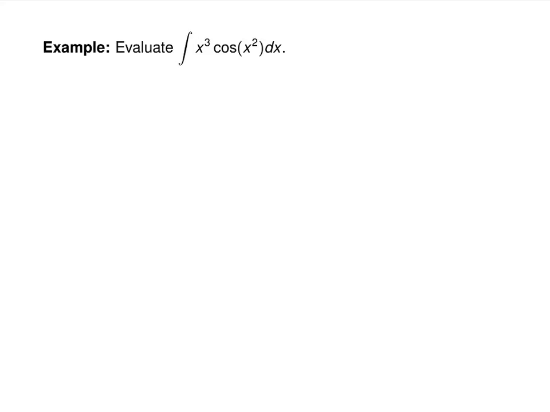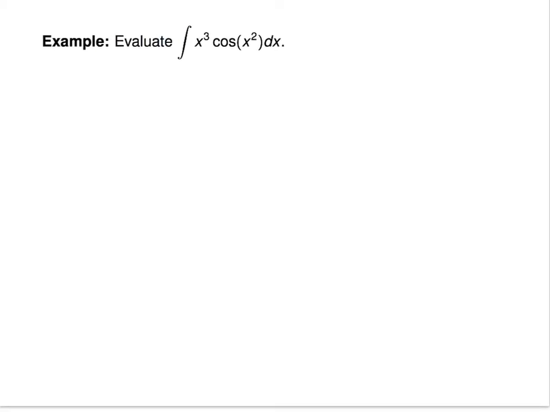So I'm going to use W. I'm going to let W equal x squared. dw is then 2x dx.